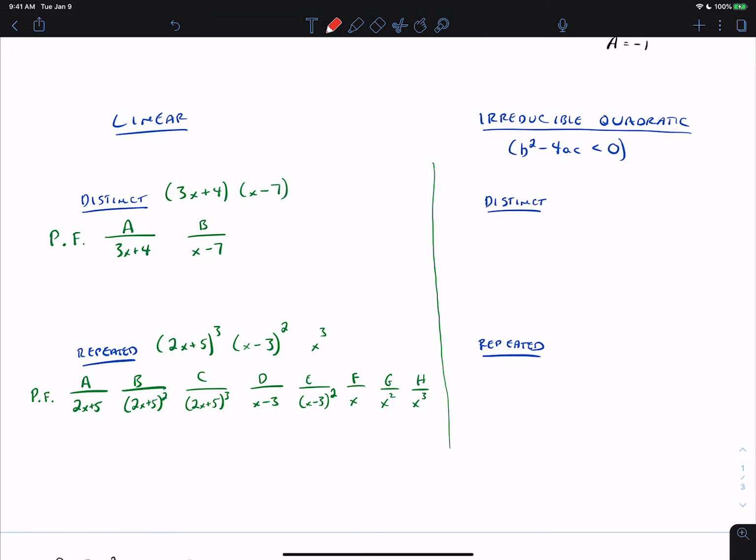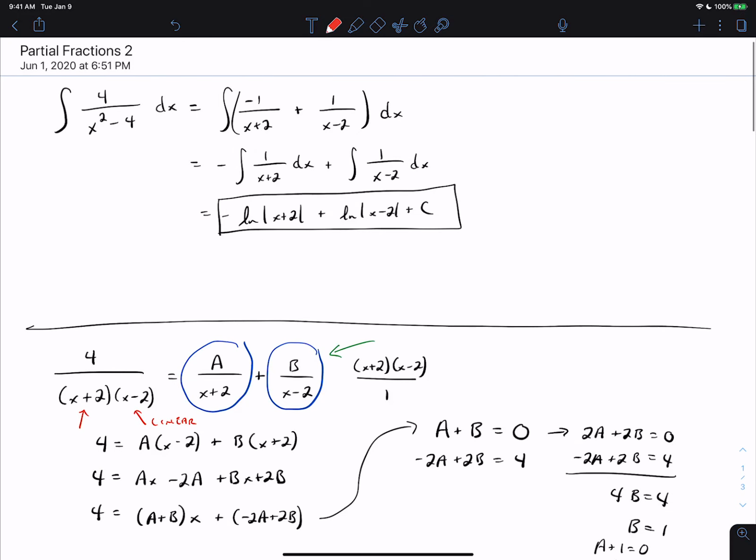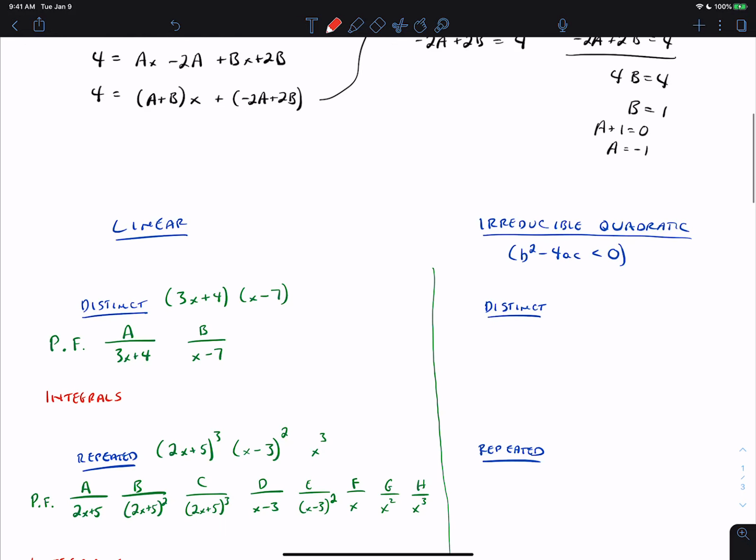The other important part is how we handle the integrals. So when we do the integrals, how do we evaluate those? Well, on the last video and so far on this video, we've gotten integrals where the denominators are distinct linear factors. On those problems, those are log forms. So we use the log form when we do those.